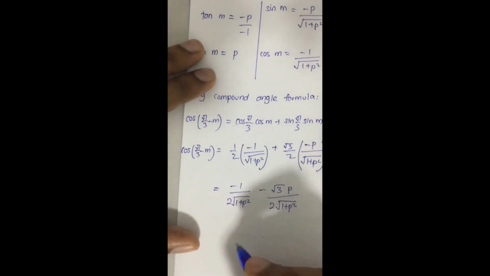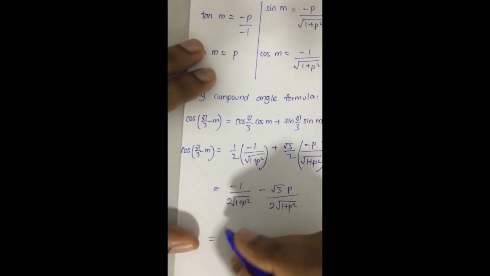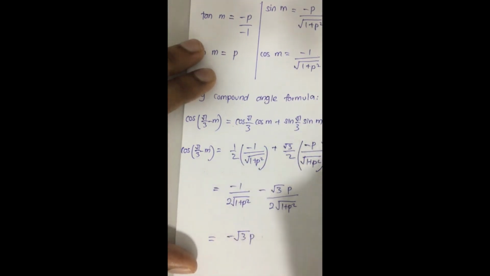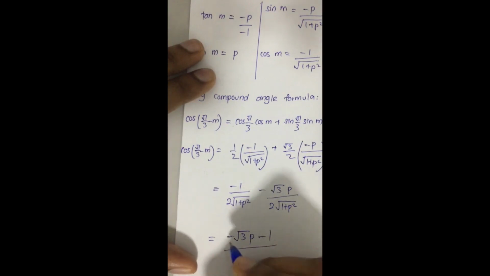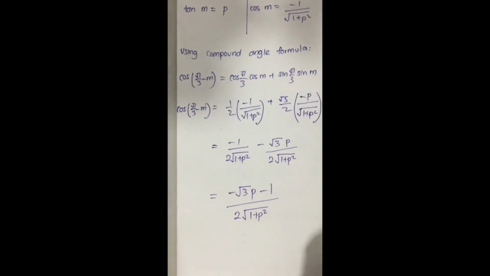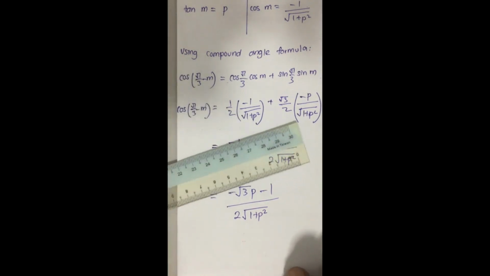So we combine these two together, and you get negative square root of 3 p minus 1. Let me make this clear, guys: the p is actually separated from the square root, it's not combined, so be careful. Then divide by 2 square root of 1 plus p square. So this is your answer for question 13 part C.